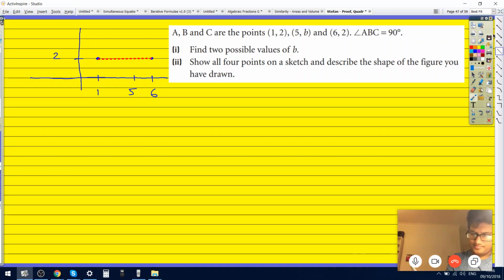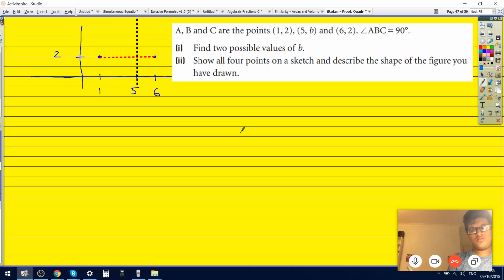So it says there are two possible values. So I've just done a little sketch. So something like that. And the 3 points, let's say two possible values for B. Any two possible values? Alright, pick two values.